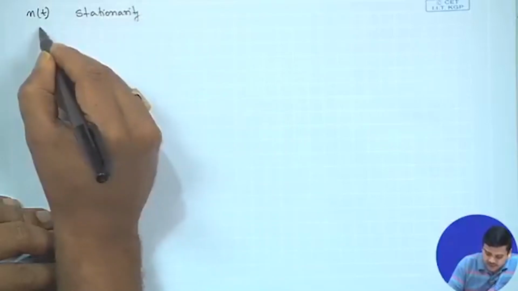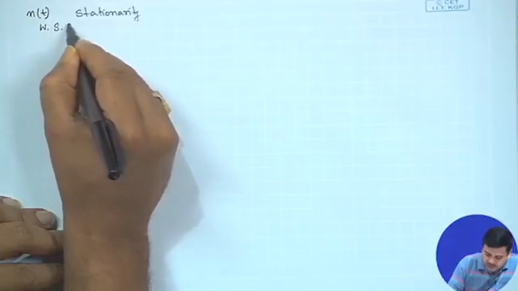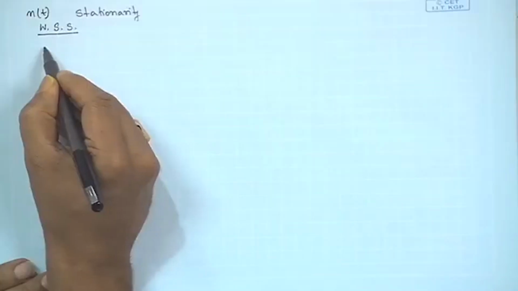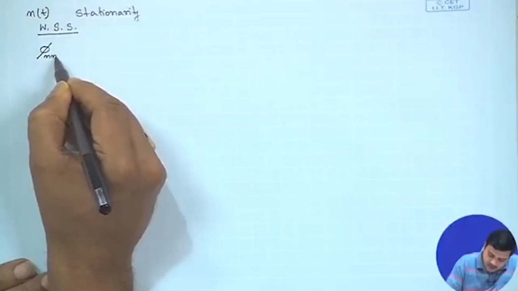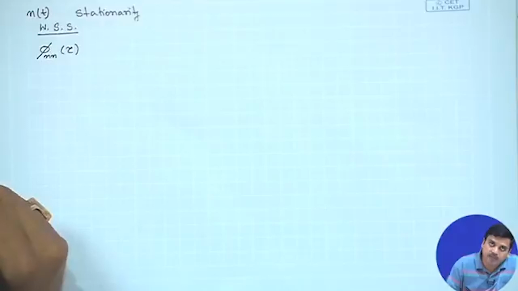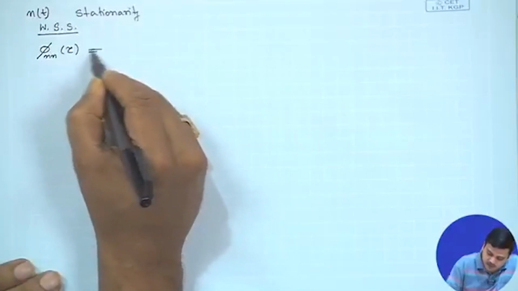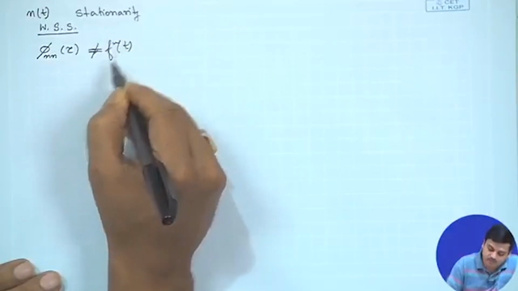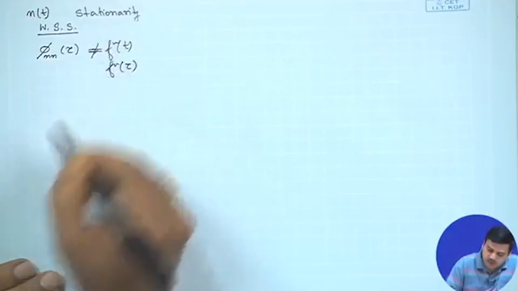We said that n(t) is a wide sense stationary process. For a wide sense stationary process, the typical thing we know is that the correlation function depends only on the time lag and not on the time. So if we write φ_n(τ), where τ is the time lag, it is not a function of time, it is independent of time, but it is some function of τ.